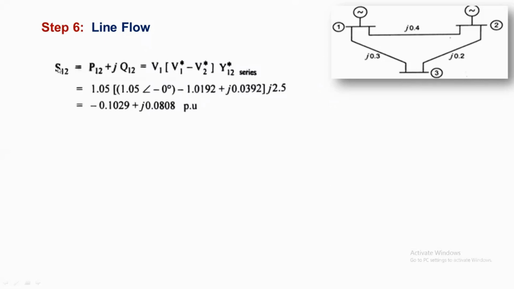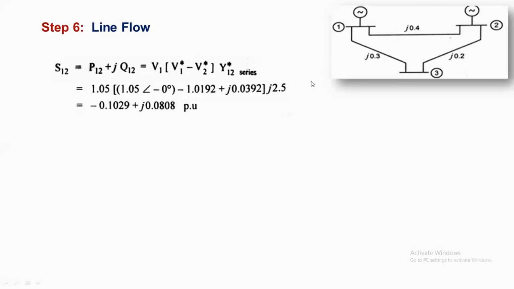The formula becomes S12 is equal to P12 plus jQ12. Taking it from the line diagram, it is minus 1 divided by j0.4, because of the conjugate symbol, the conjugate puts a minus sign, divided by 1 divided by j0.4, that is the admittance.